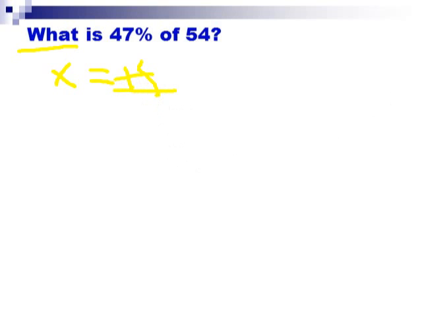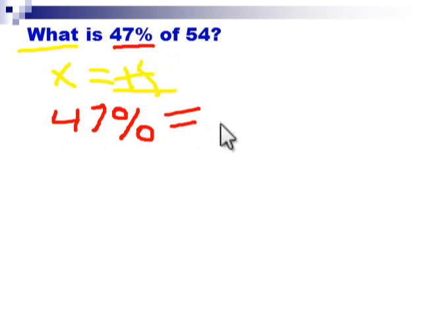The second thing that we need to remember is that this percent needs to change into a decimal or a fraction. So we need to remember that 47% means the same thing as 0.47.